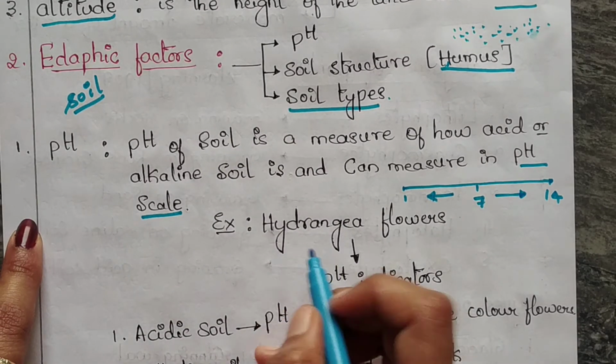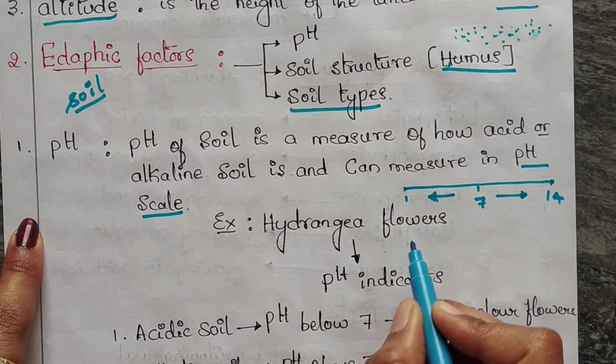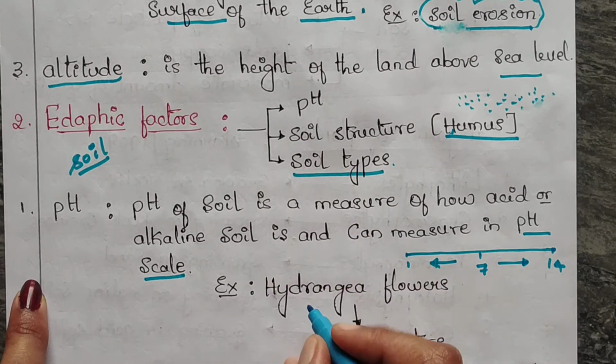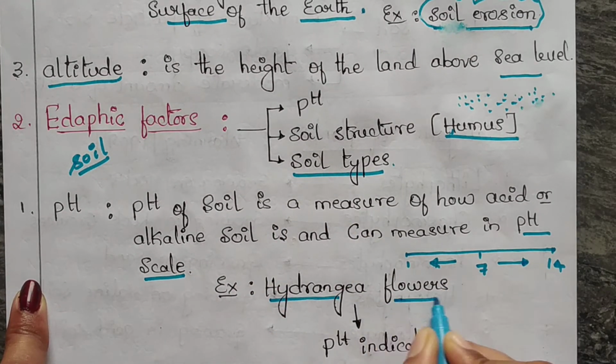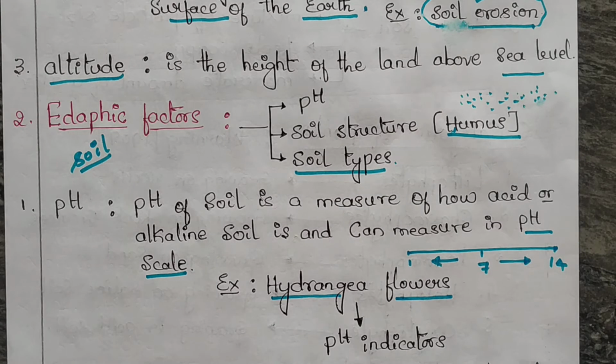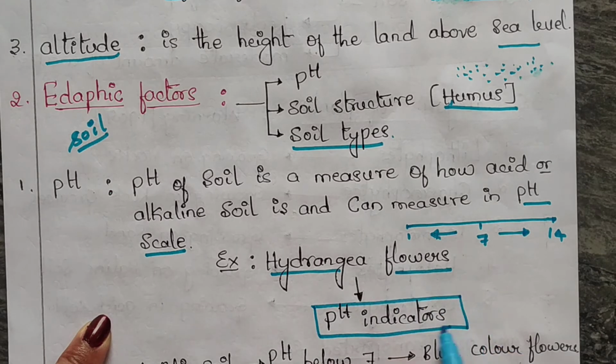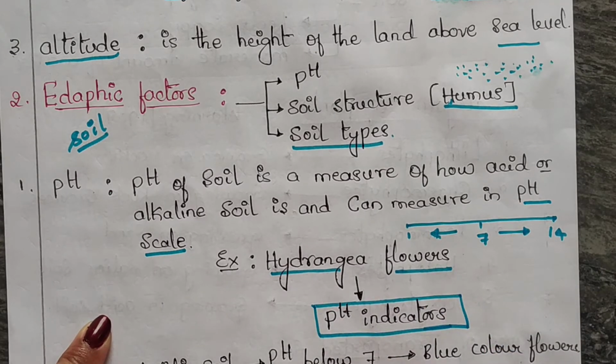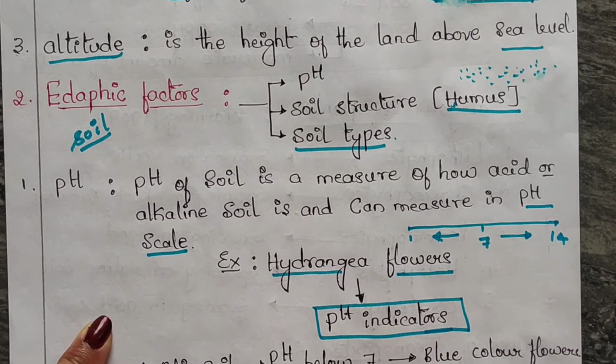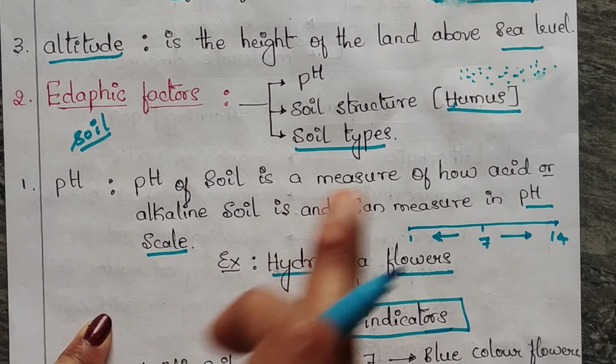Here the example I have taken is hydrangea flowers. The beauty of these hydrangea flowers is that they are very colorful according to the pH. They change color when the pH changes. That is why they are called pH indicators. By looking at the color you can say, okay, the pH of this soil is this.